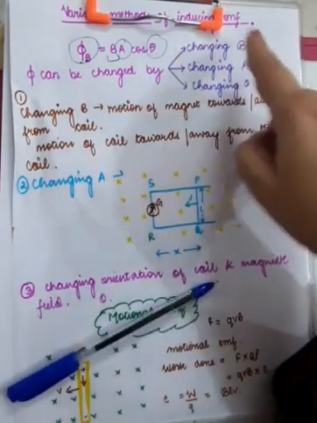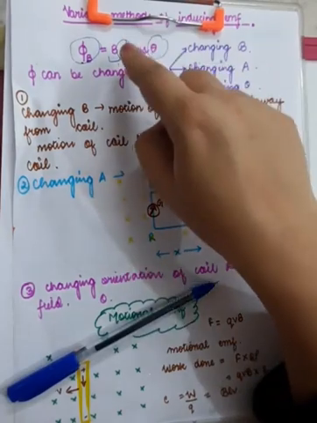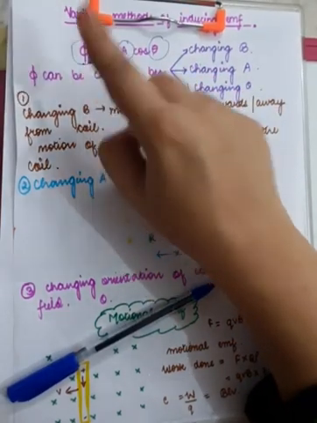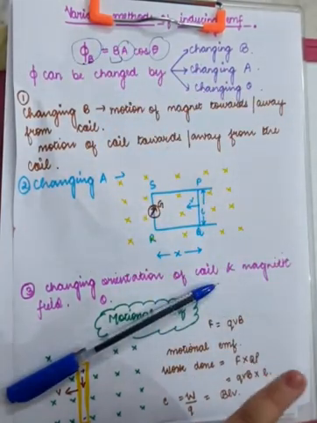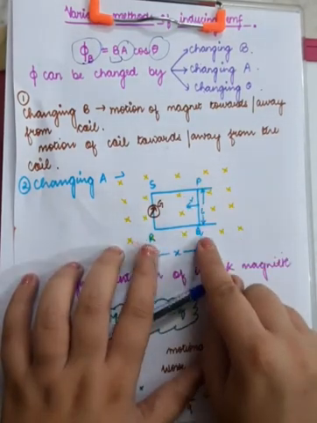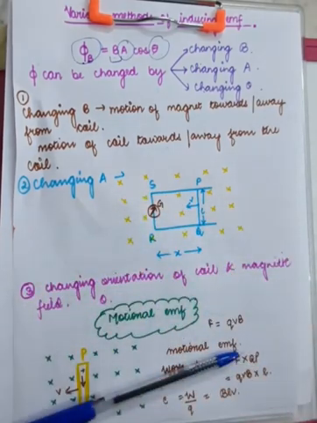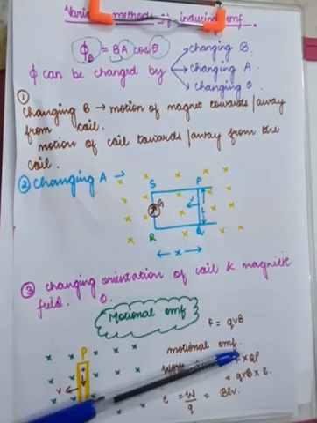So case number 2, by changing area. Because if you change the area, the flux will change, and if the flux changes, current will be induced. So suppose you have a rectangular coil PQRS, and these yellow crosses are representing magnetic field which is directed inwards to the plane of paper.